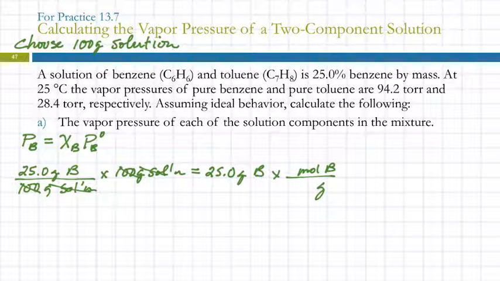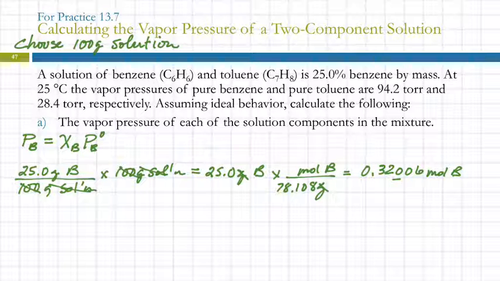Vague recollection of it being 78, but 12.01 times 6 plus 1.008 times 6. Yeah, 78.108. So the grams will cancel out. Because to get the mole fraction, we need to know the moles of each component. So 25 divided by 78.108, 0.32006 moles of benzene.